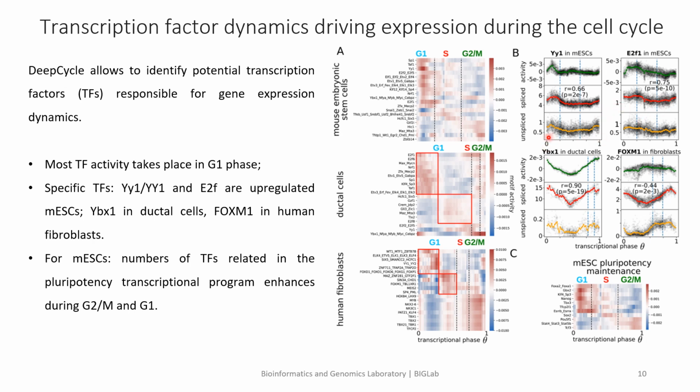For both mouse embryonic stem cells and ductal cells, the E2F family plays an important role, and this family is known to act at the beginning of the cell cycle, specifically for the G1 to S transition.